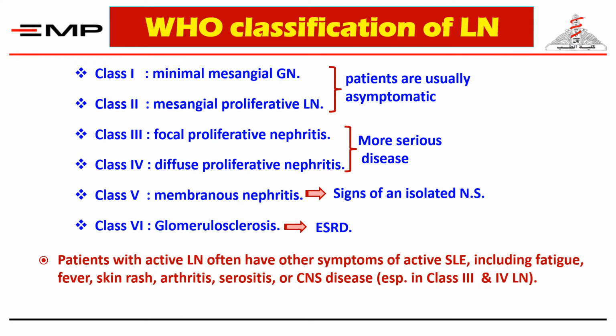Patients with active lupus nephritis have other symptoms of active lupus, including fatigue, fever, skin rash, arthritis, sinusitis, or CNS disease, especially in class 3 and 4.